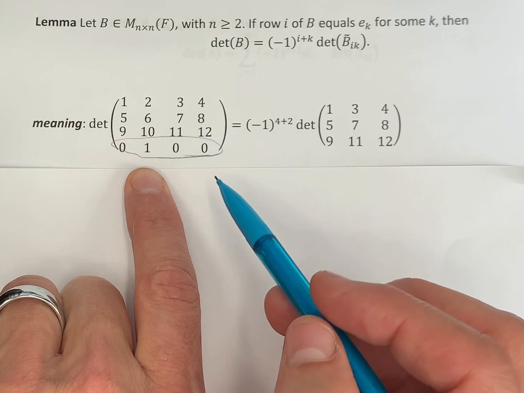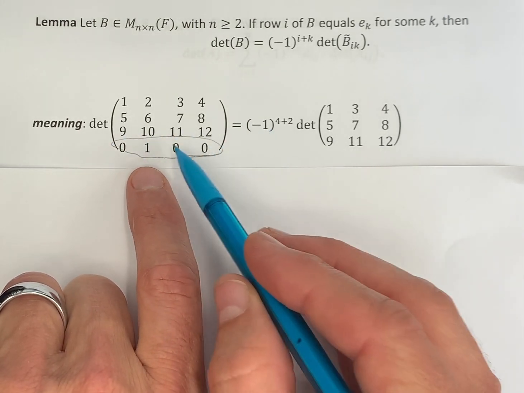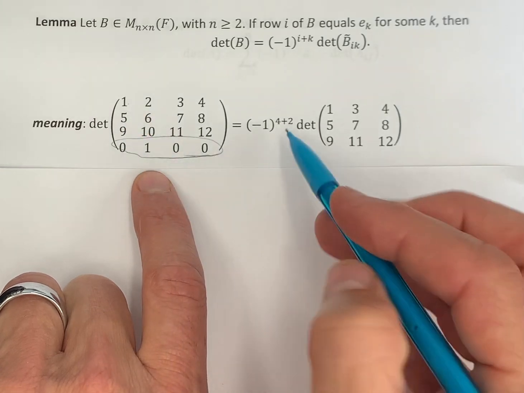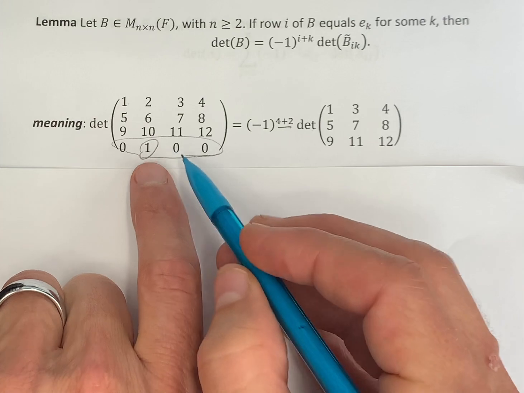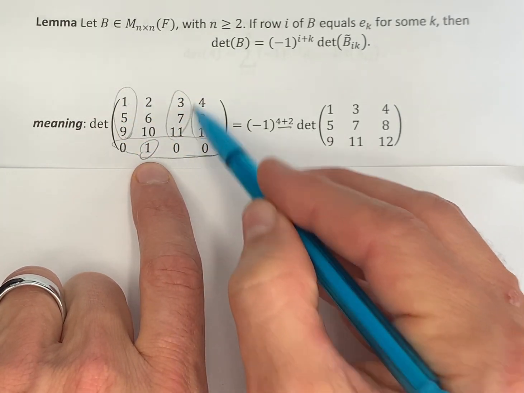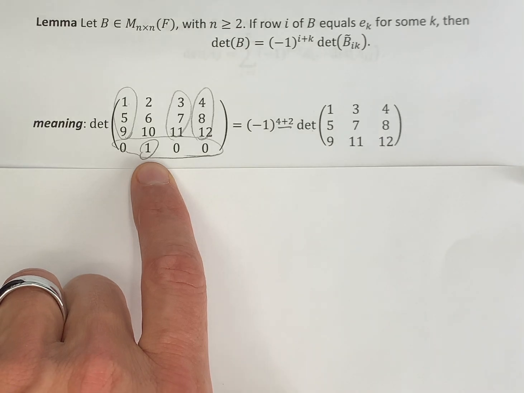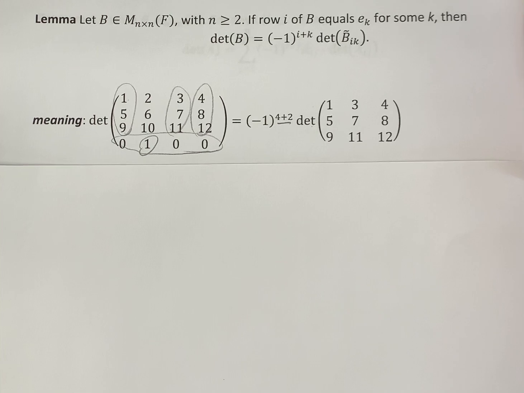Okay, so this theorem is saying the determinant of this, you can just think of it as 4 down, 2 over, so (-1)^(4+2) times the determinant of the minor of this element, which removes that row and that column. Make sense?